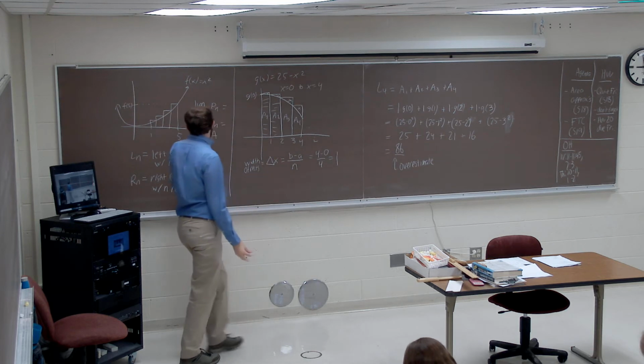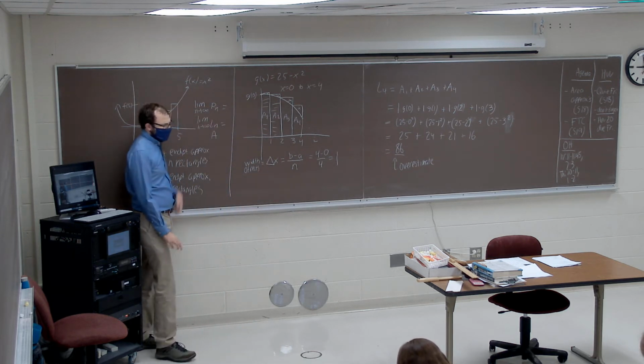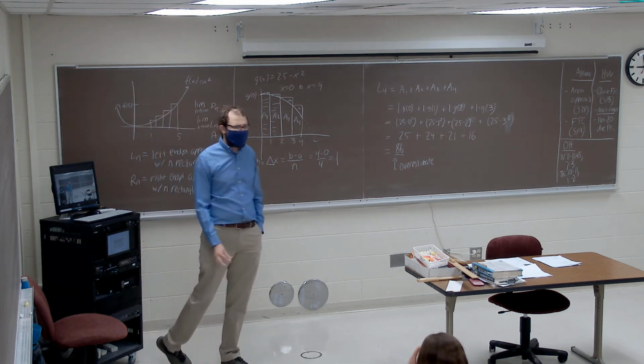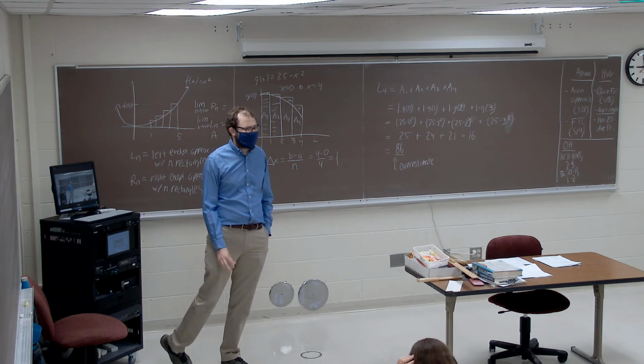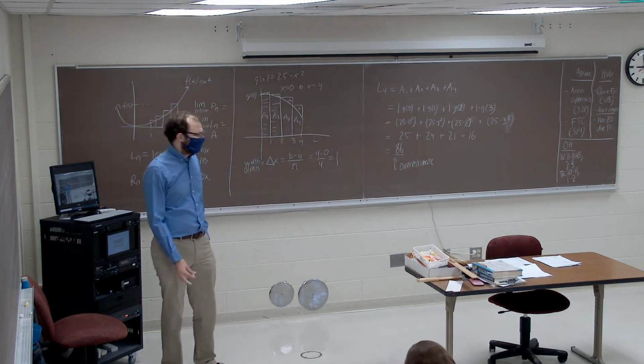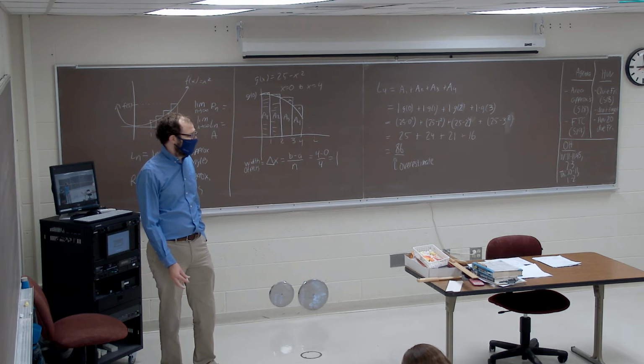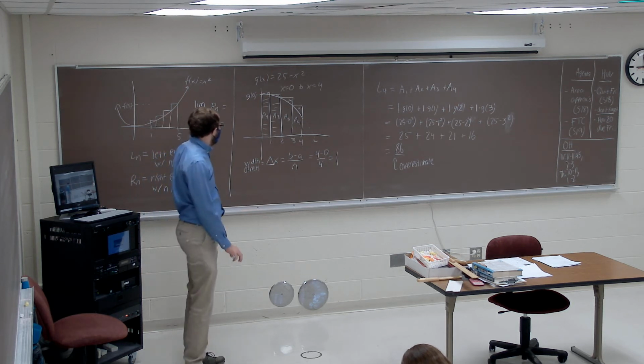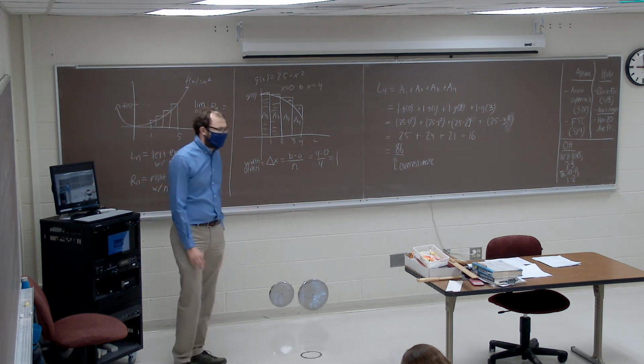When we did our example with x squared yesterday, did L sub n give us an over or underestimate in that case? Yeah, it gave us an underestimate in that case. What gives?